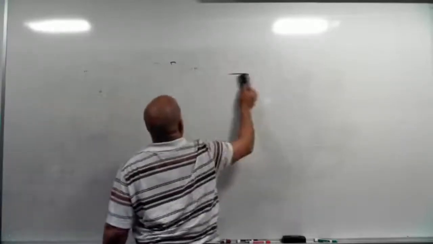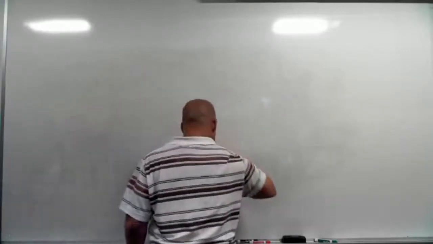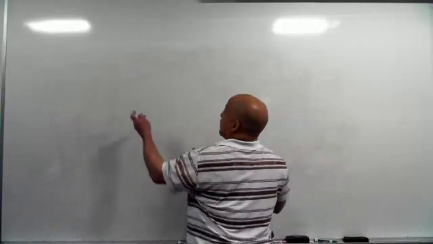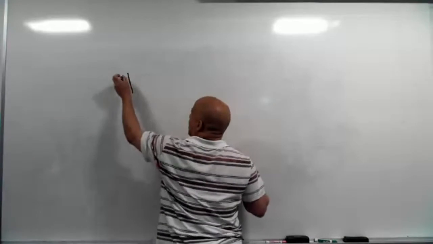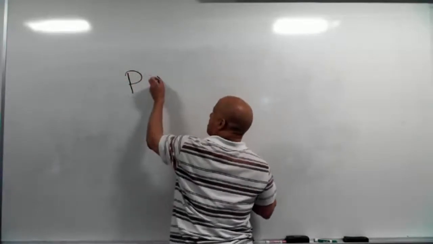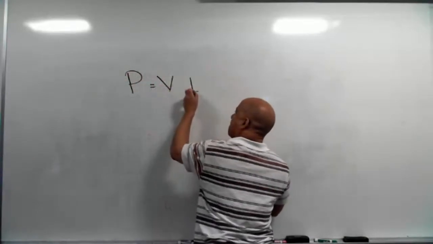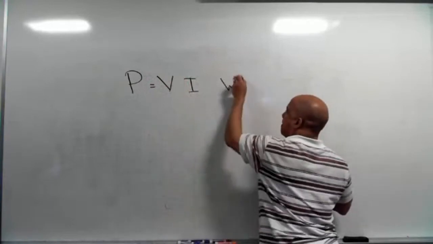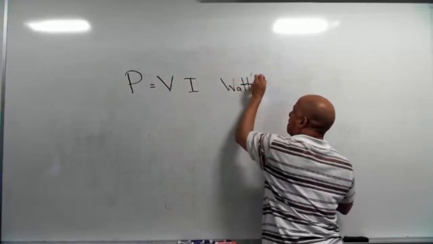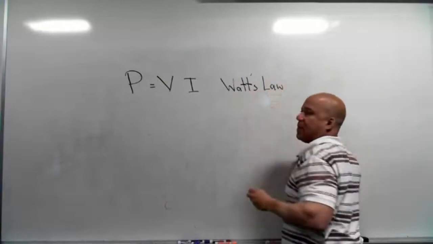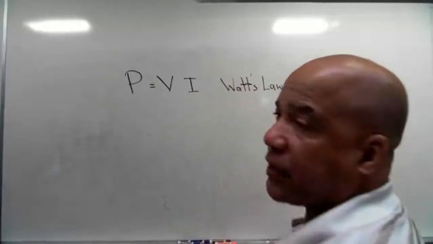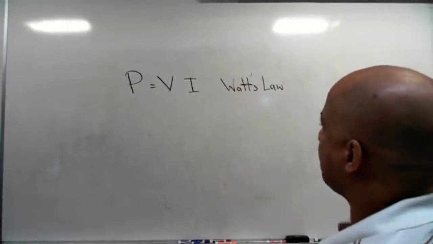Turns out that if you take the product of voltage and current, you get power, and this is called Watt's law. Watt says that power equals voltage times current.